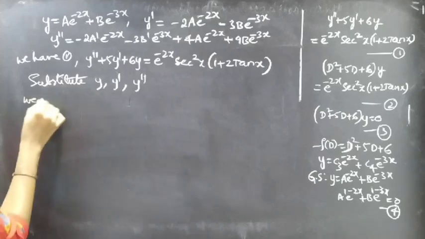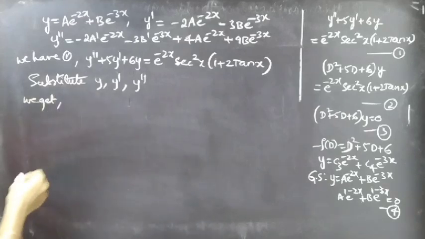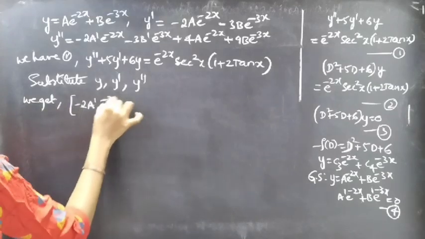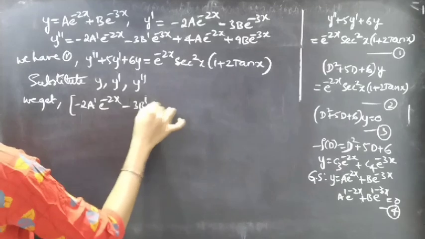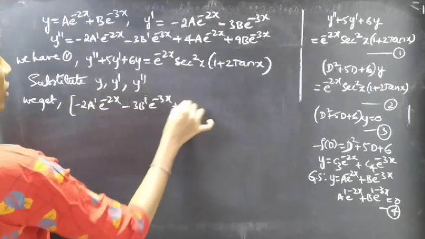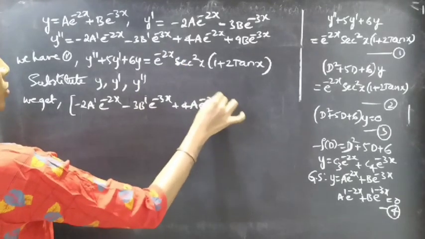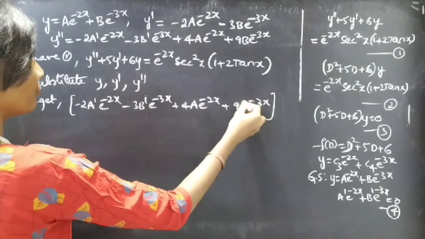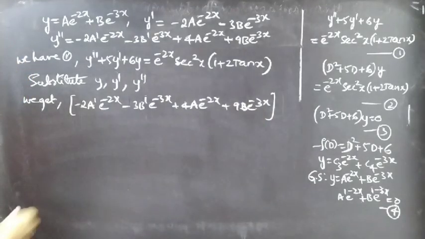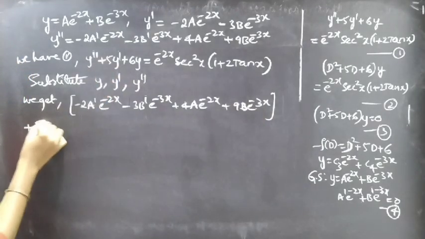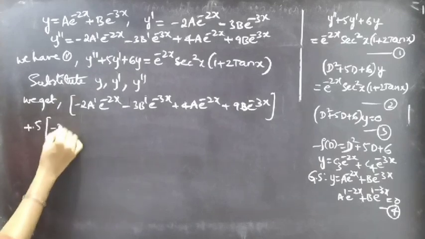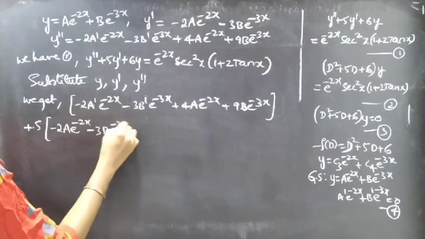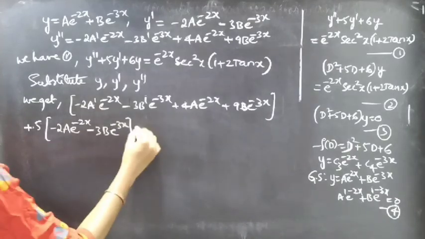We get y double dash, which is minus 2a dash e power minus 2x minus 3b dash e power minus 3x plus 4a e power minus 2x plus 9b e power minus 3x, right? Plus 5 into y dash. y dash is minus 2a e power minus 2x minus 3b e power minus 3x.